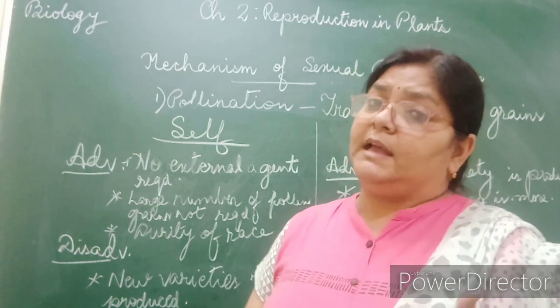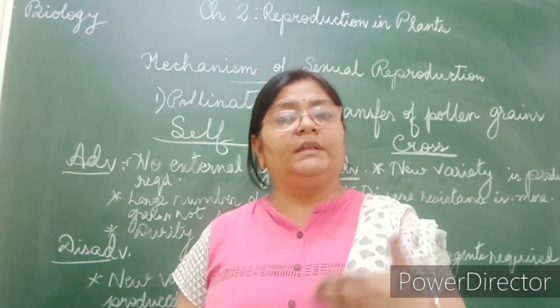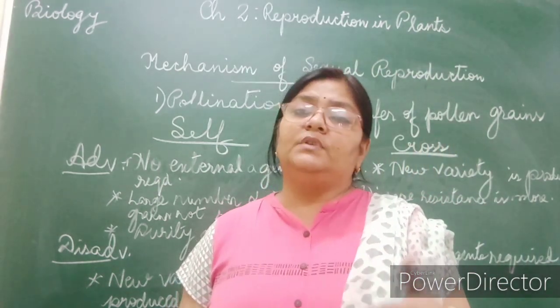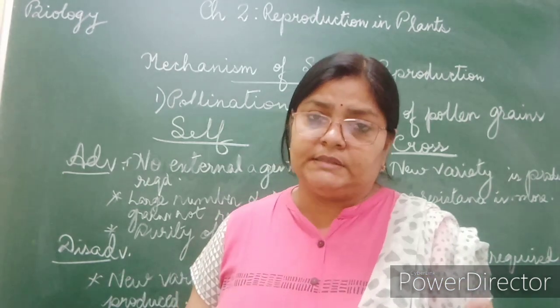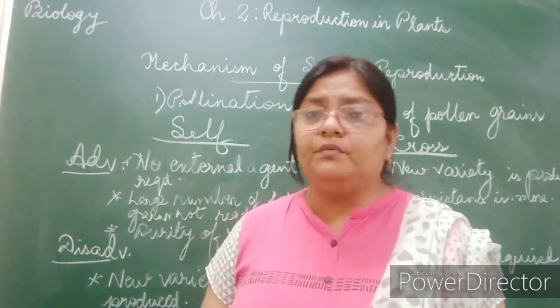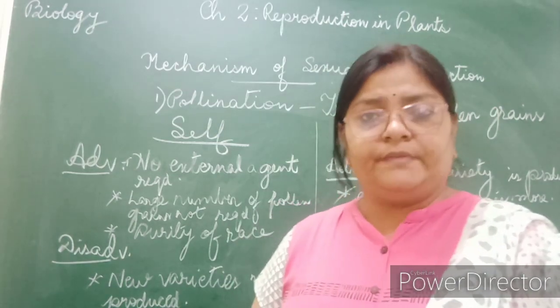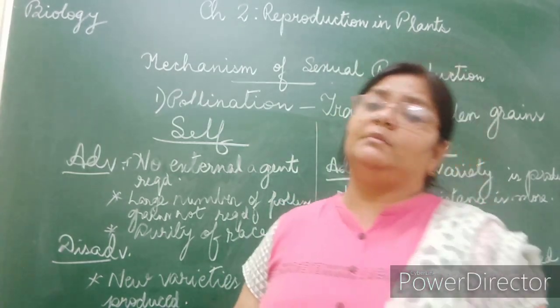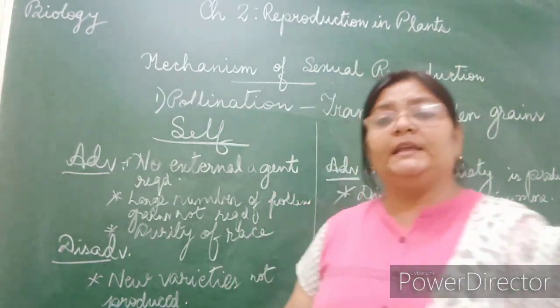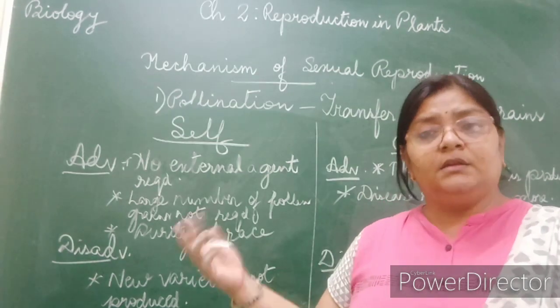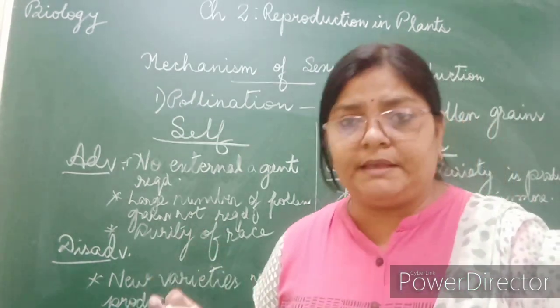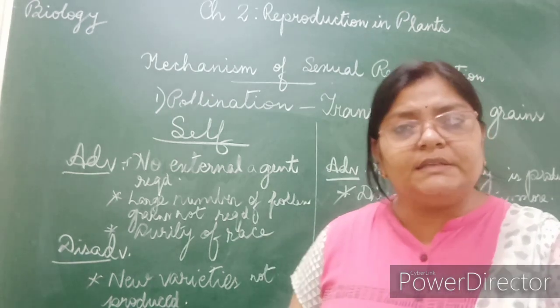But here, as because pollination is dependent on external agents, so therefore a huge number of pollen grains are required, and there is also a lot of wastage of pollen grains. Maybe the insect or the animal or the wind or the water carrying the pollen grains might not deposit it in the right place. So there will be a lot of wastage too.